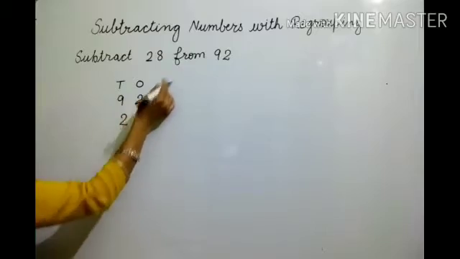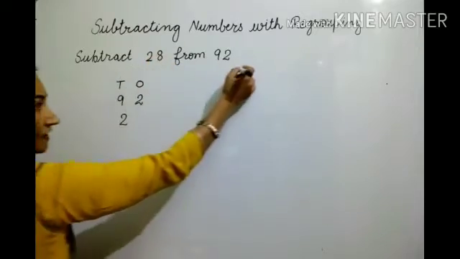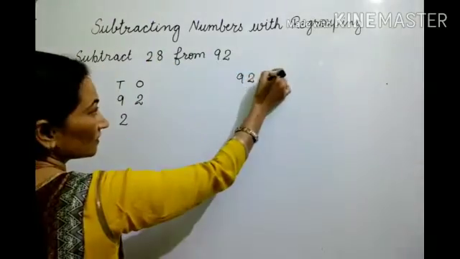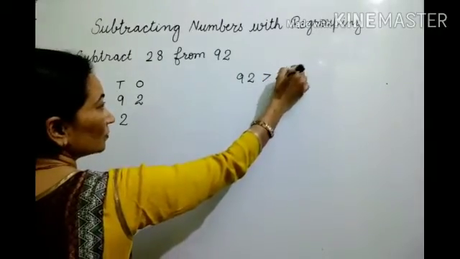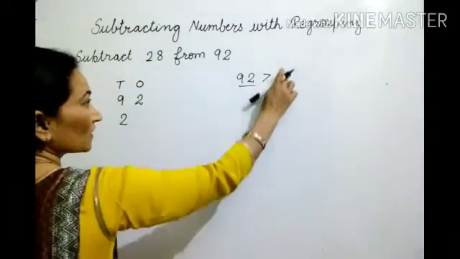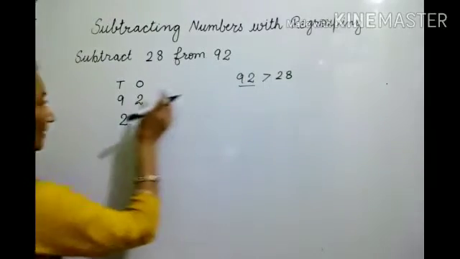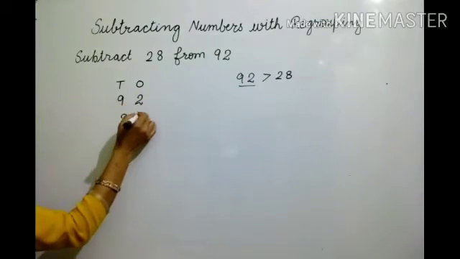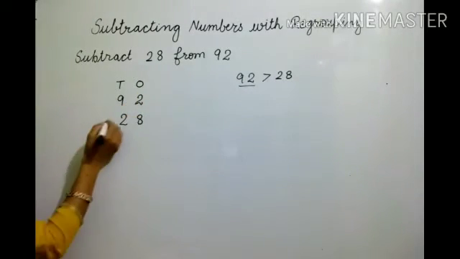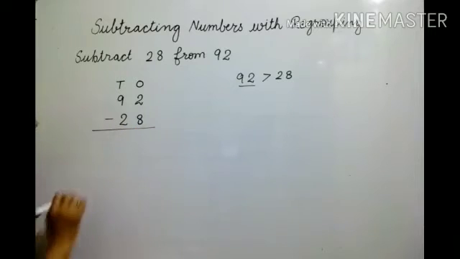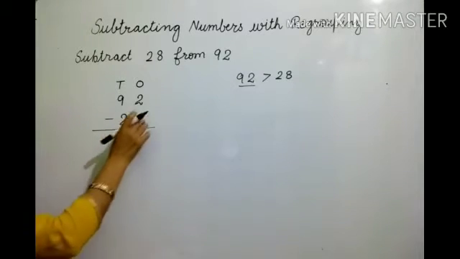As 92 is larger than 28, 92 is greater than 28, so we will write 92 above and 28 below. Now we want to subtract 28 from 92.